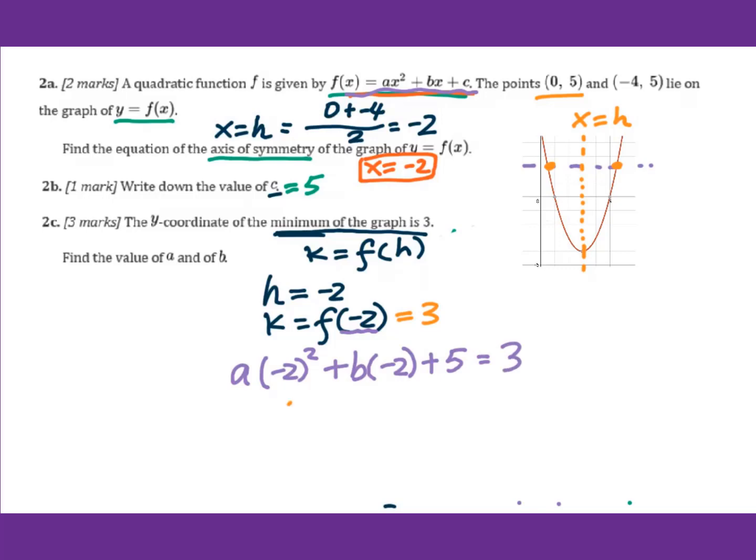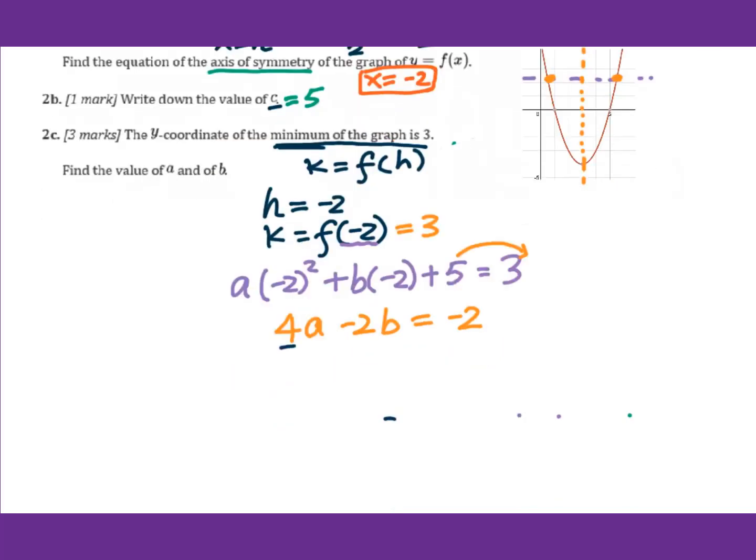Let's organize. You will get 4A minus 2B. Move 3 to the other side. This will be -2. You can divide both sides by 2. So you will have 2A minus B equals -1.